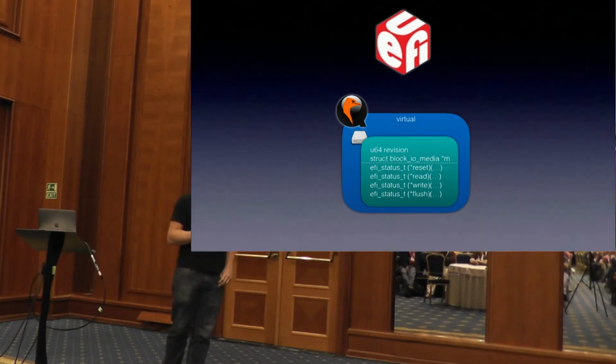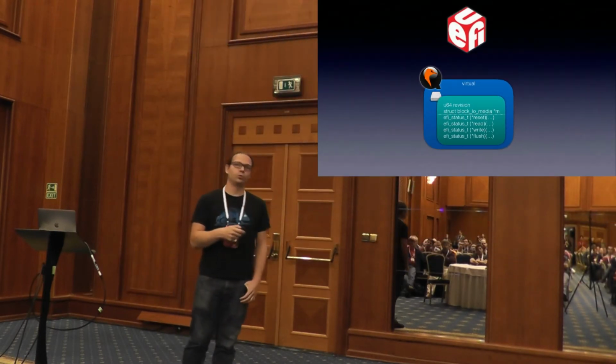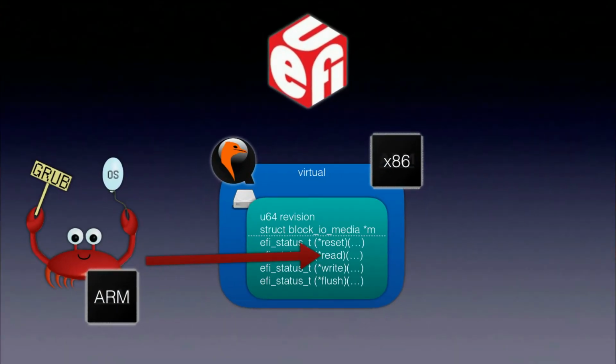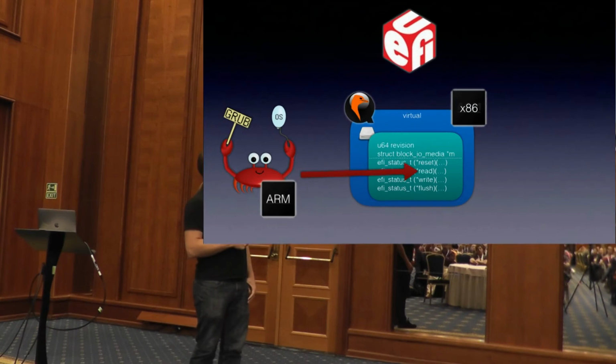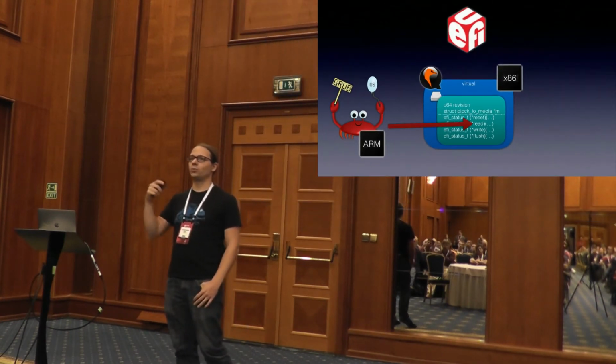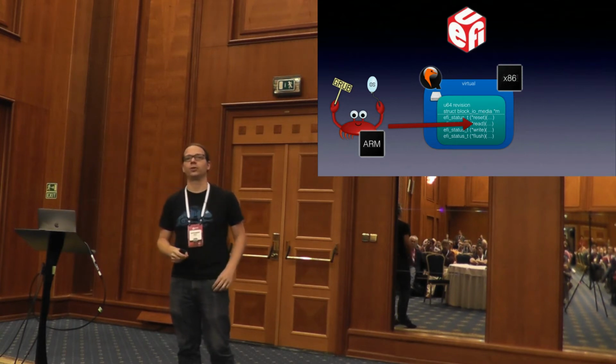However, you remember all of these data structures we had, right? So imagine we now have some code, say an ARM grub, that wants to call into an x86 read function that it receives from a struct that we really don't want to be able to interpret from the emulator part of view.